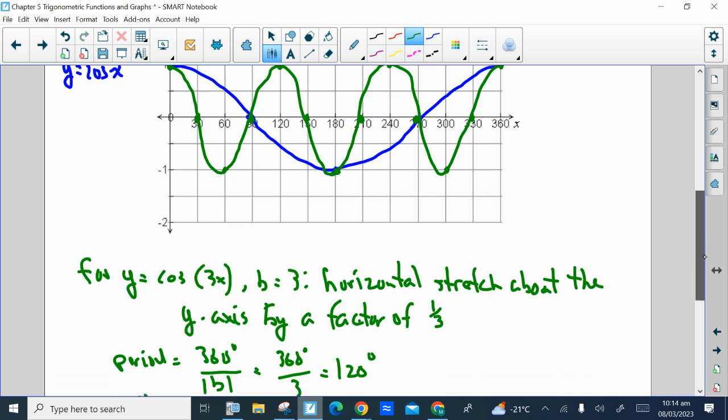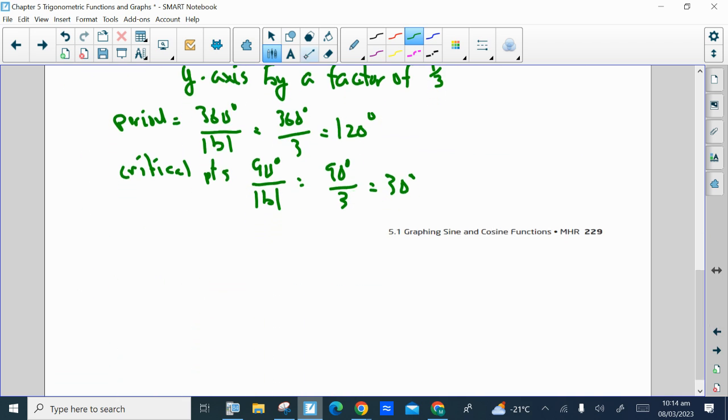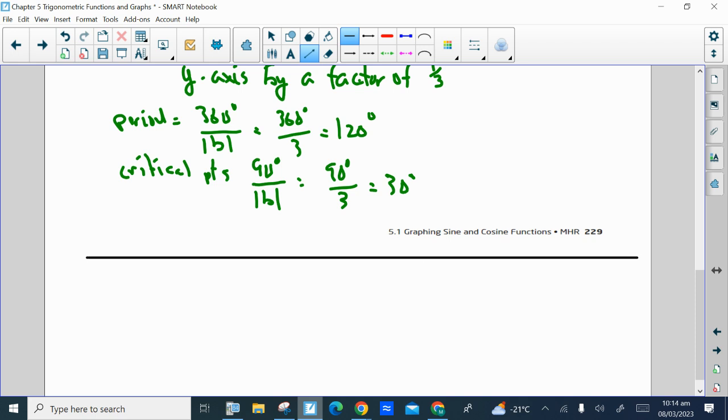And we can compare the two graphs, again using a chart like we did yesterday.